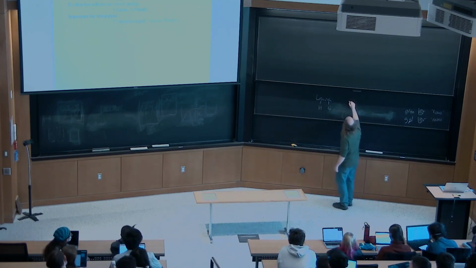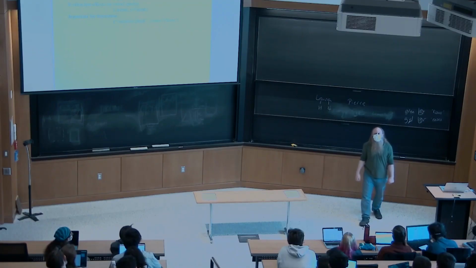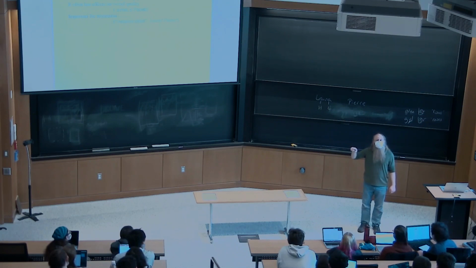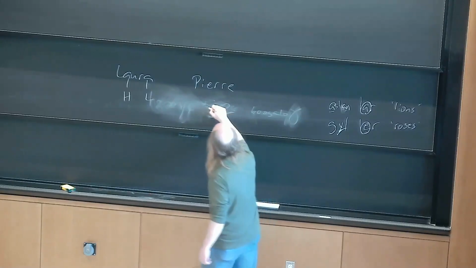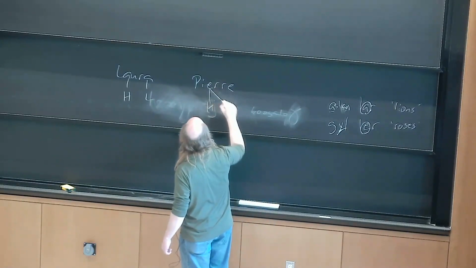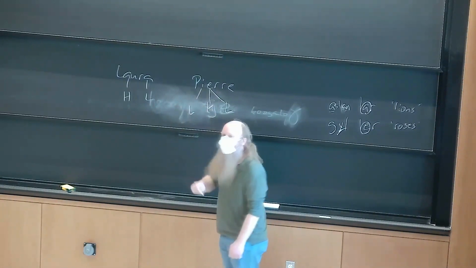How do you call Pierre? Pierre. It isn't Pierre. It's Pierre. So it's high, goes here, and then maybe also a low. And over here there's, I don't know, a low. Pierre.